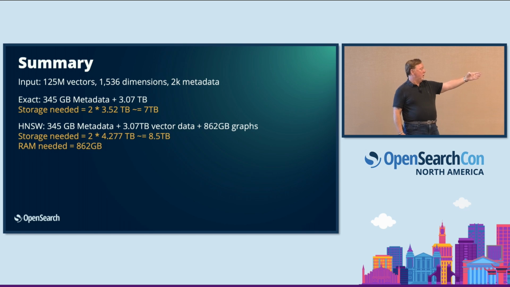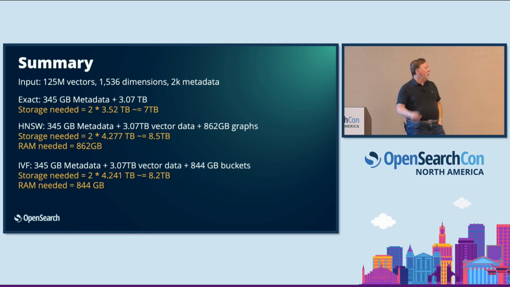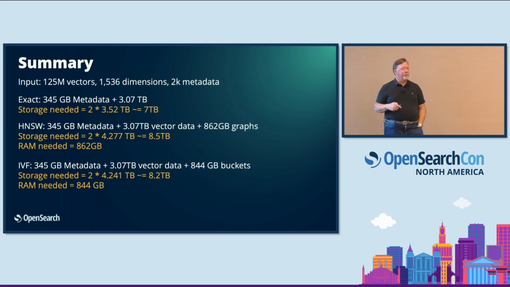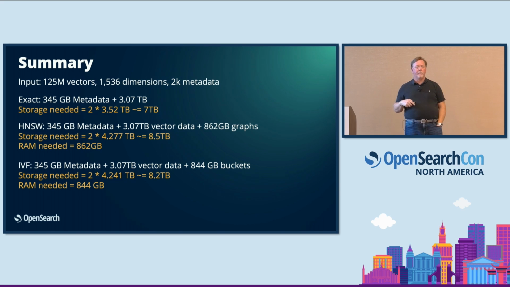That makes, with the doubling for the replica, I need 8.5 terabytes. I also need 862 gigabytes of RAM to hold it. If I'm using IVF, again, I won't read the numbers at you. I need 8.2 terabytes of storage and 844 gigabytes of RAM.